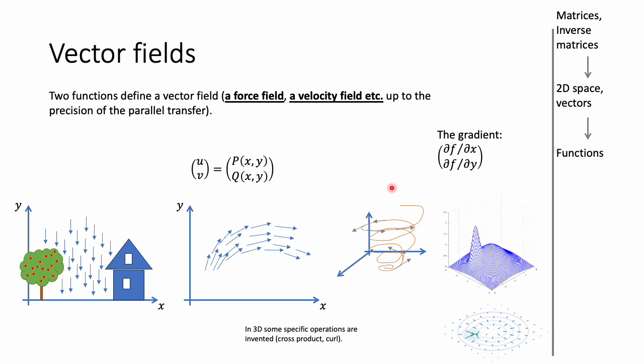Now, another example, the fourth example of a vector field, is the gradient. Why am I talking about the gradient here? For two reasons. First of all, because I have already discussed it a little bit in the previous slide. It's the vector that is composed of the two partial derivatives of a given function.